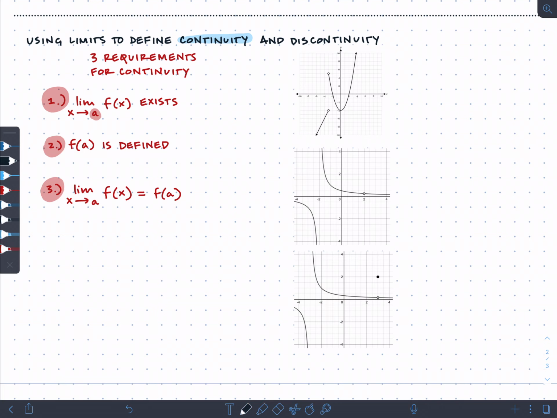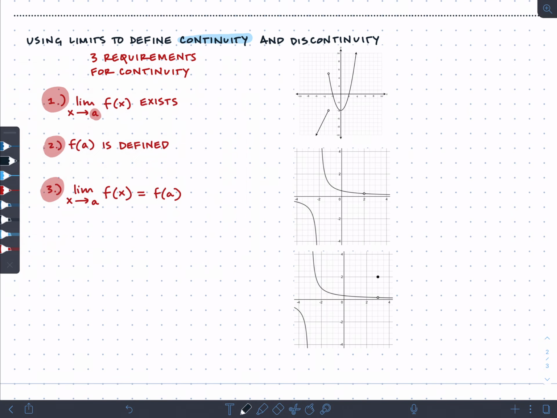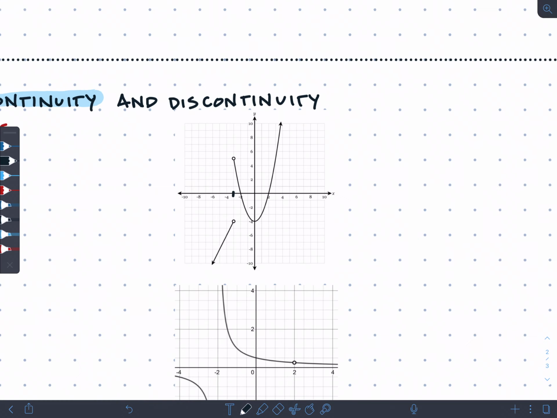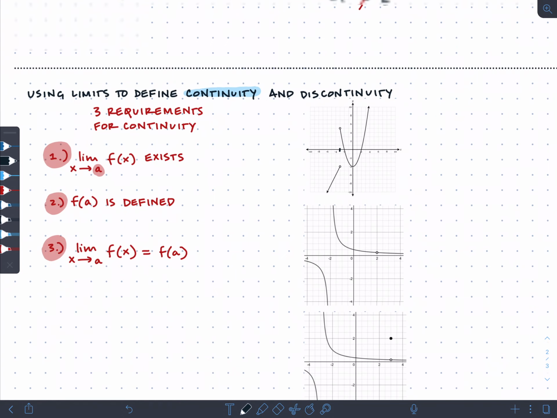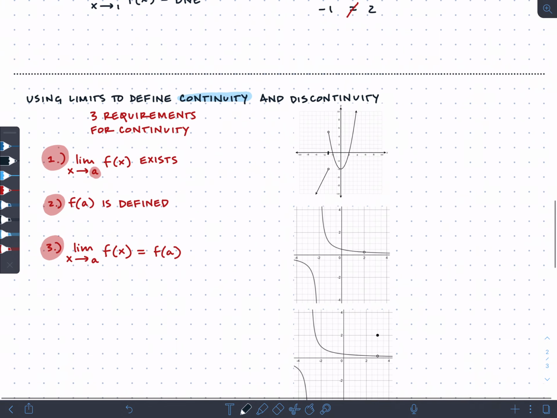So let's look at a couple examples here and talk about what requirement is broken that causes it to be discontinuous. These are 3 functions that are discontinuous. Why are they discontinuous? Which one of our rules is being broken? So the first one here, if we are looking at -3, we see that it's discontinuous, and it's discontinuous because the first rule, that general limit, does not exist.